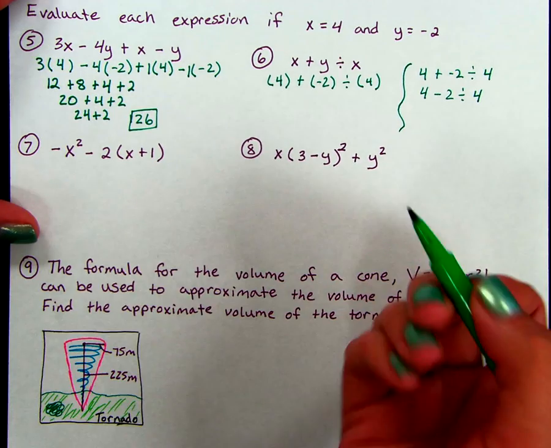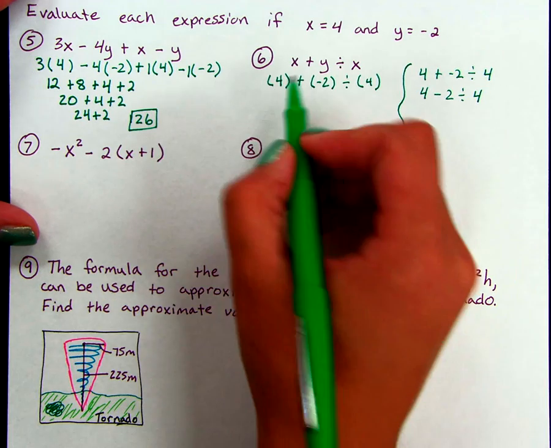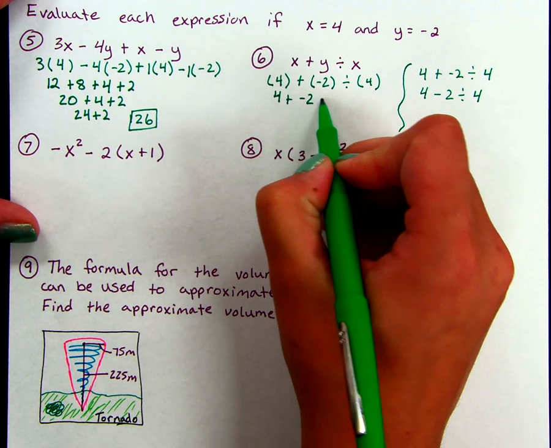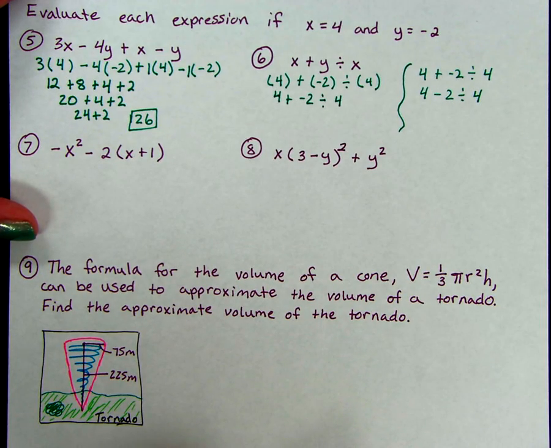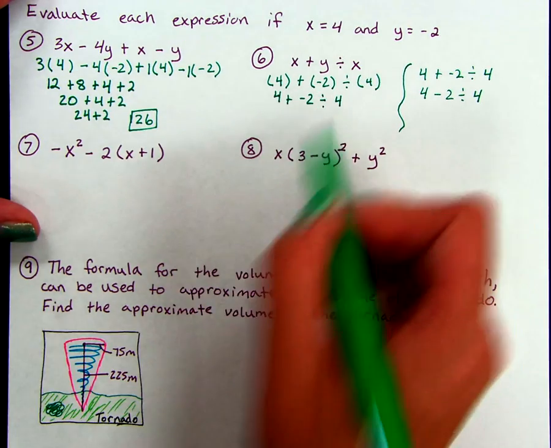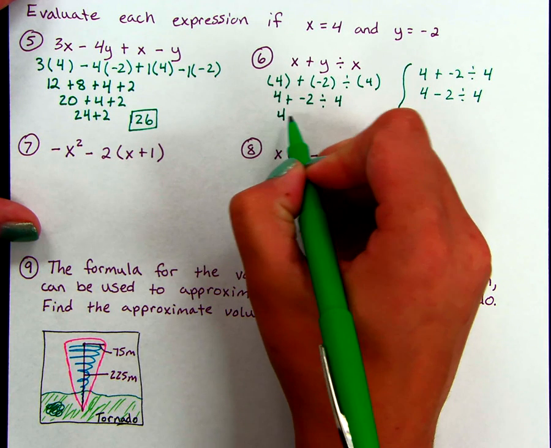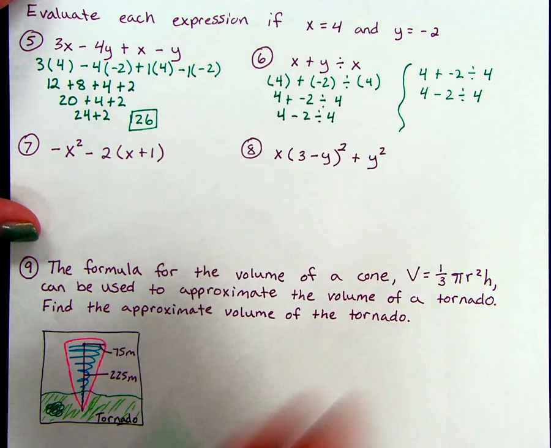And as you notice here, if we start simplifying this, we're just taking 1 times each of these. So this would become 4 plus a -2 divided by 4. So really we're going to end up with the same thing here. Okay? And again, our next step in this process would be to simplify this sign part. So this is really the same as 4 minus 2 divided by 4.